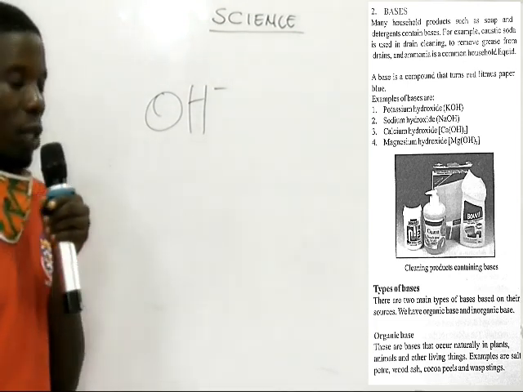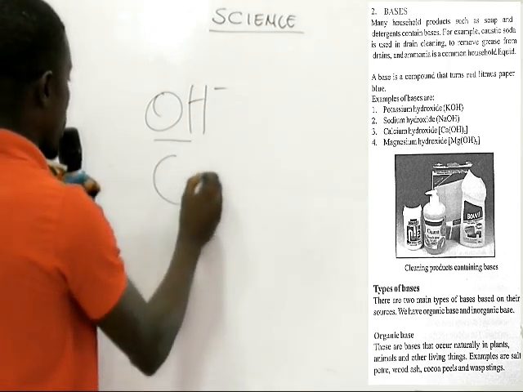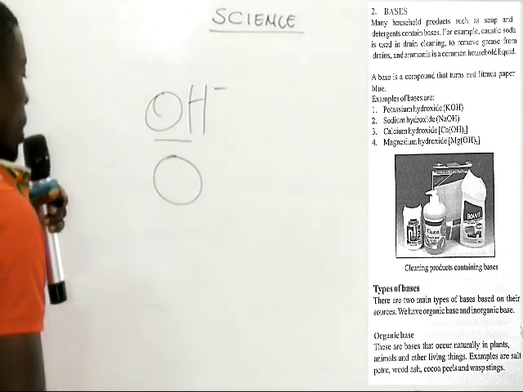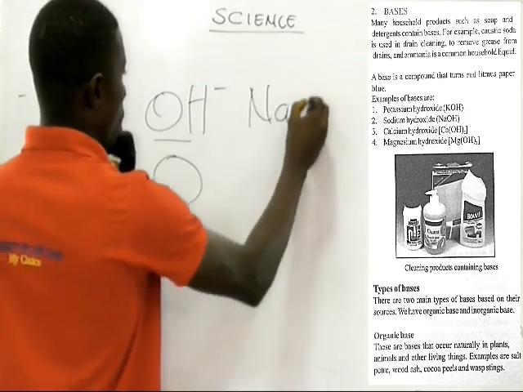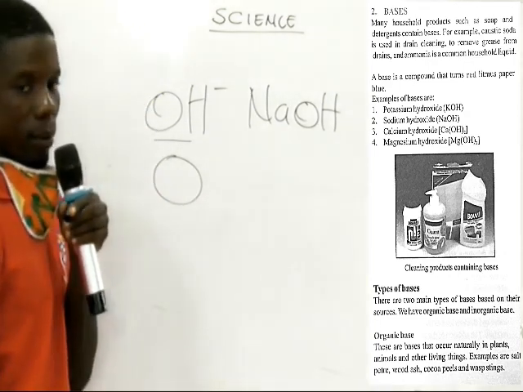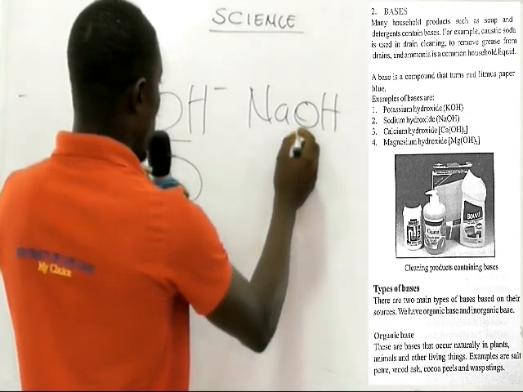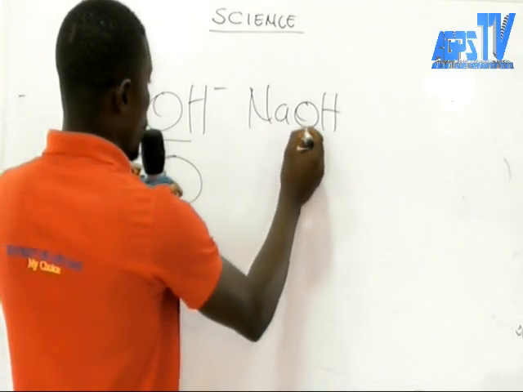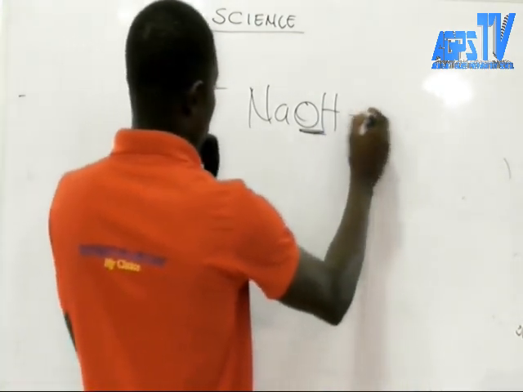So all the bases end with this or this atom. For example, we have sodium hydroxide. This is a typical example of a base. If you put this compound in water, it will produce this ion.